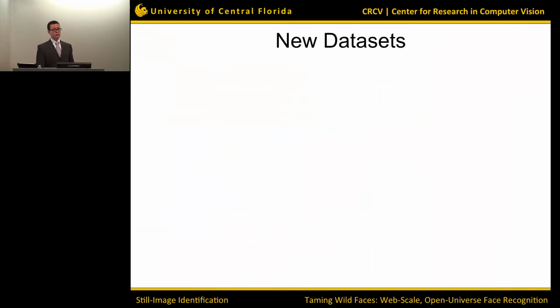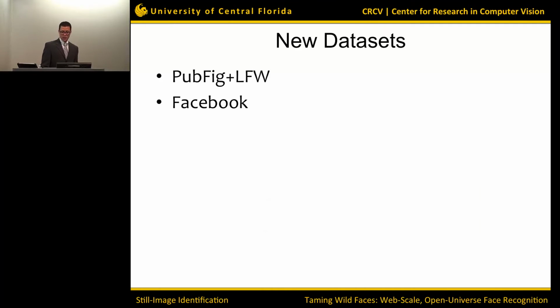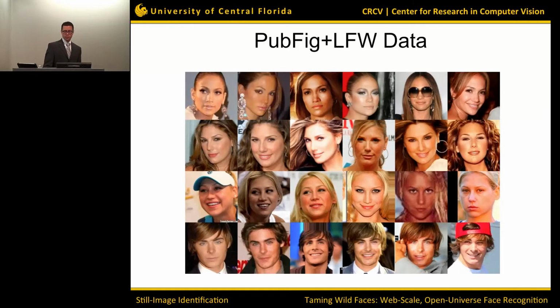In order to analyze this open universe context scenario, we propose two data sets. One's public figures plus labeled faces in the wild, where we take two existing data sets and combine them so that we can evaluate unknown identities, and then we collect a new data set from Facebook. Here's a small sampling of the public figures plus LFW data.